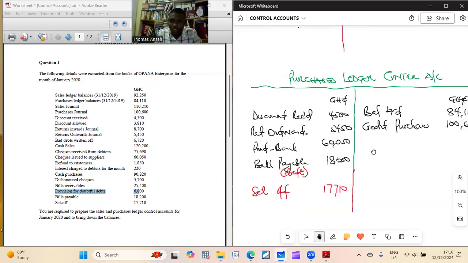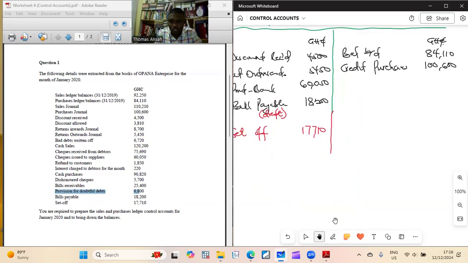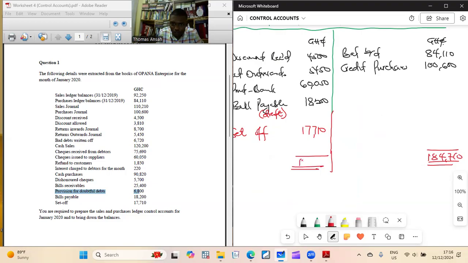So if you look at this side and this side, which one do you think will be bigger? Even with your eyes, you can see that this side is bigger. You can see clearly it has 100,000. So 100,600 plus 84,110. If you add this, I have something like 184,710. So it means this side, balancing of account, don't forget, 184,710, which means that if I add and there is a difference, that will be my balance carried down.